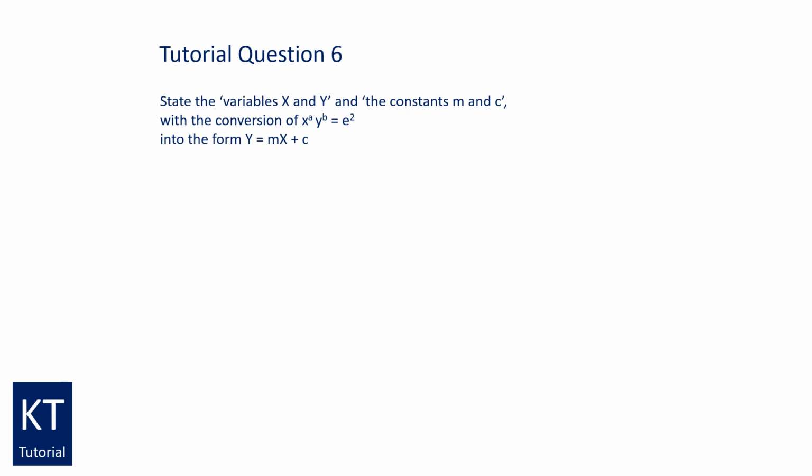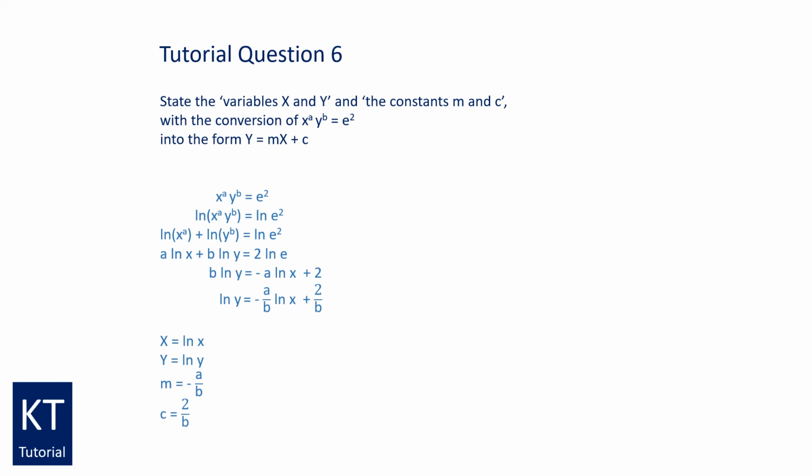Tutorial question 6. State the variables capital X and capital Y and the constants m and c with the conversion of x to the power of a, y to the power of b being equal to e to the power of 2 into the form capital Y equals m capital X plus c.